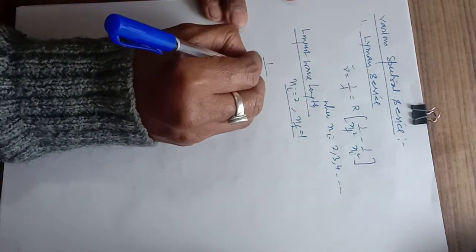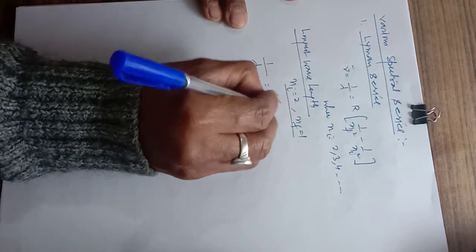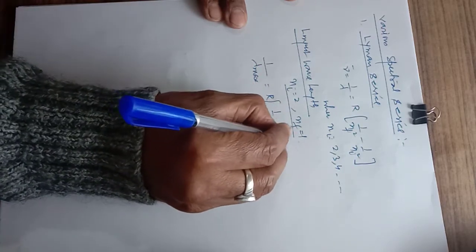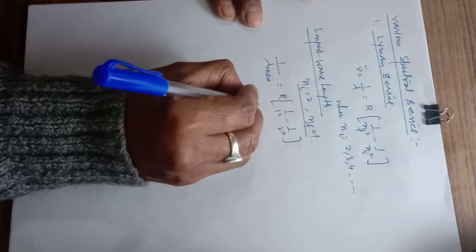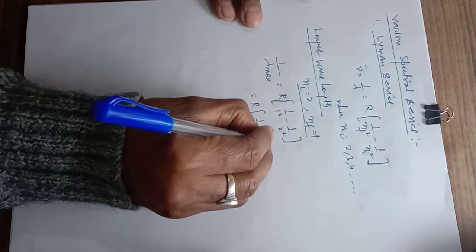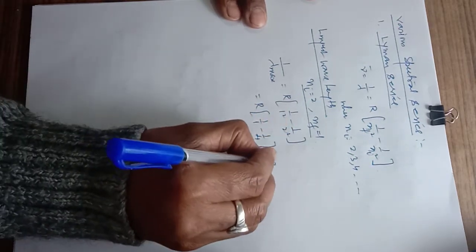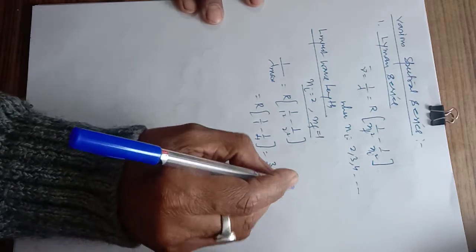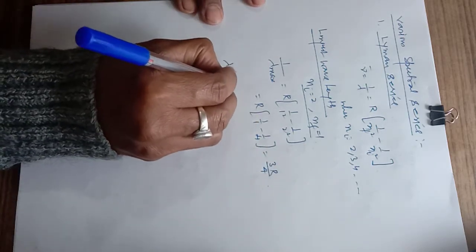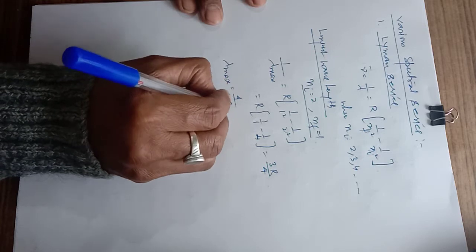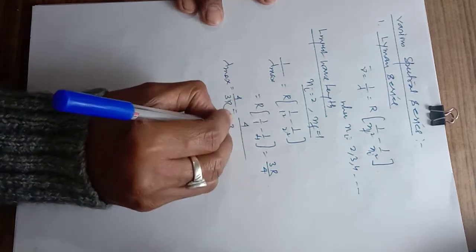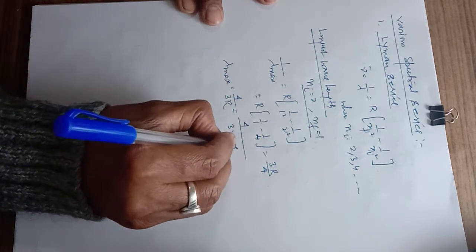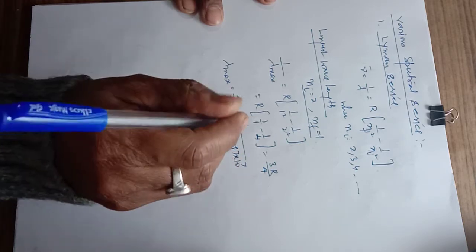So 1/λ maximum is equal to R(1/1² − 1/2²), that is R(1 − 1/4), it is 3R/4. So the λ maximum is equal to 4/3R, that is 4 by 3 into the Rydberg constant 1.09 × 10^7.